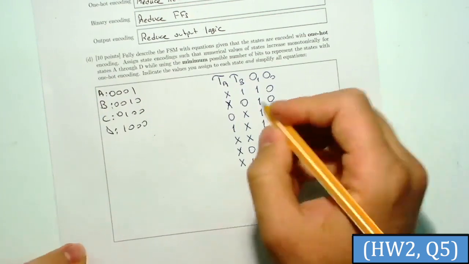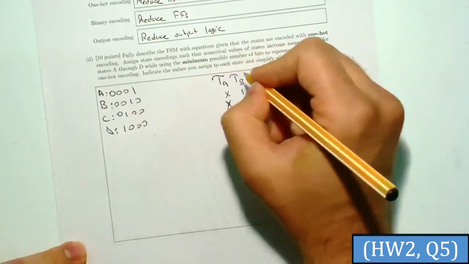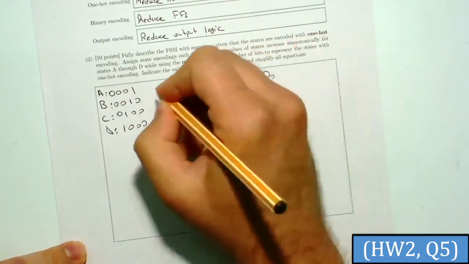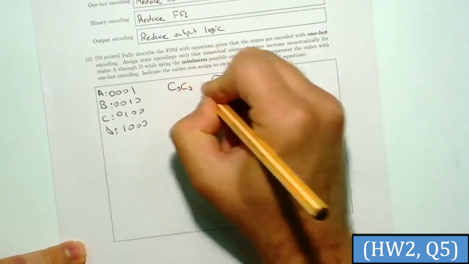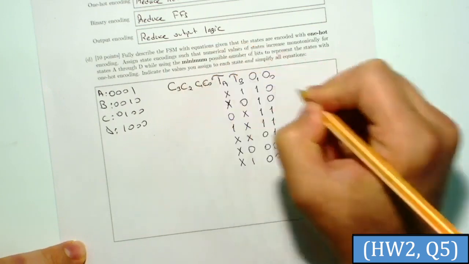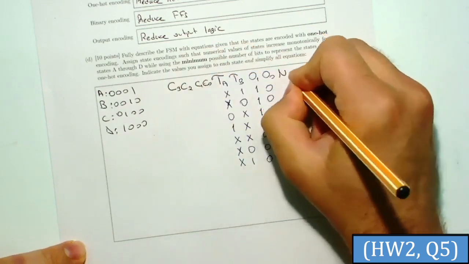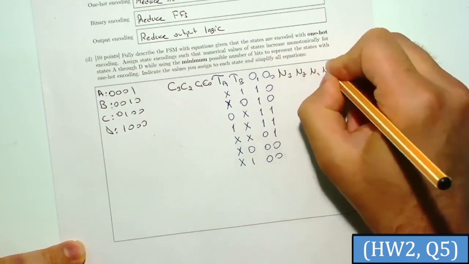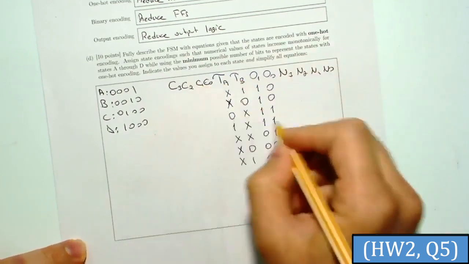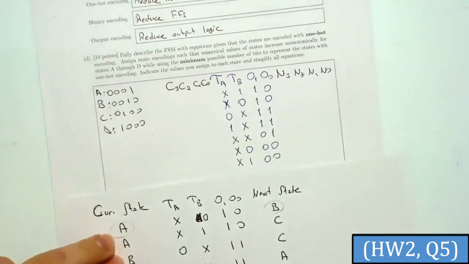I'm going to put that into the table I've written here. I'll represent the current state as C3, C2, C1, C0, and the next state as N3, N2, N1, N0.